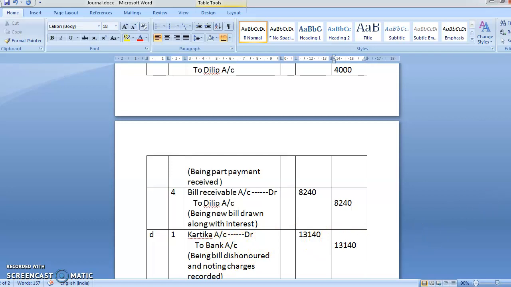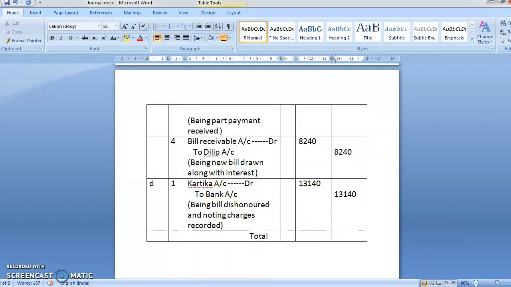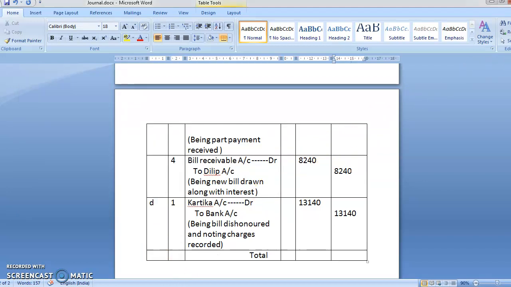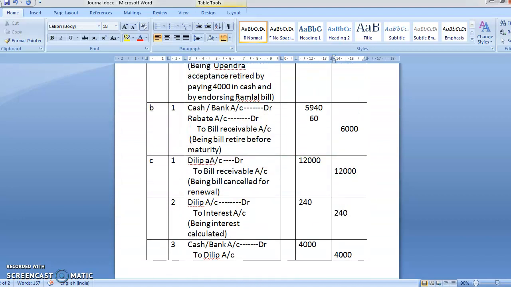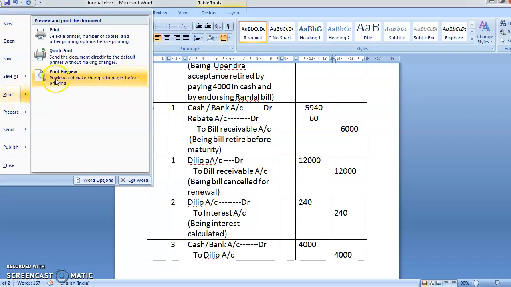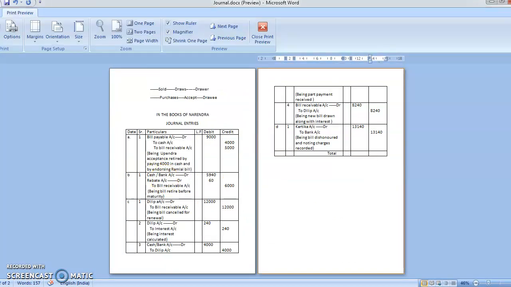Now only one thing is remaining, that is totaling. Yes, chalo, we will do the totaling. I can do one thing. For me, this will become very easy for doing the totaling part.